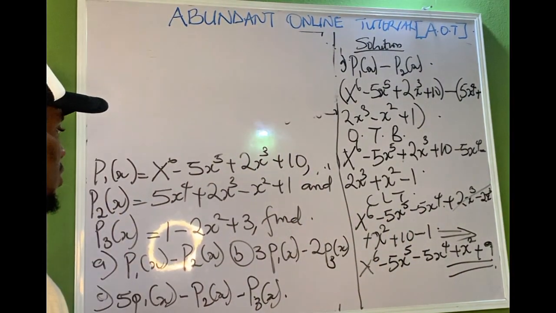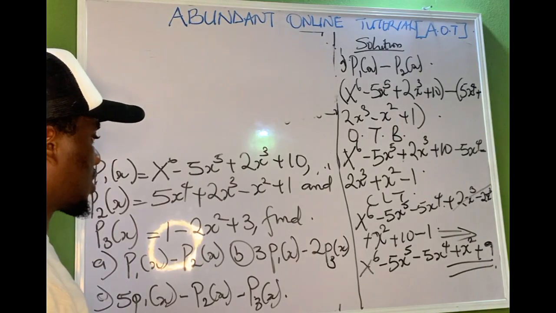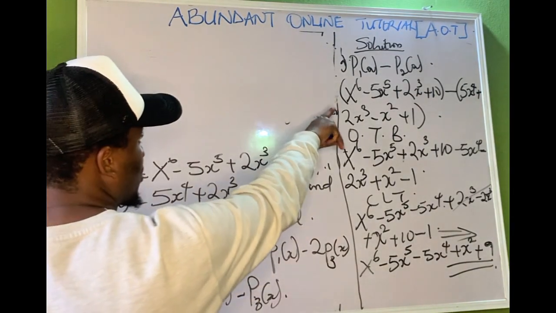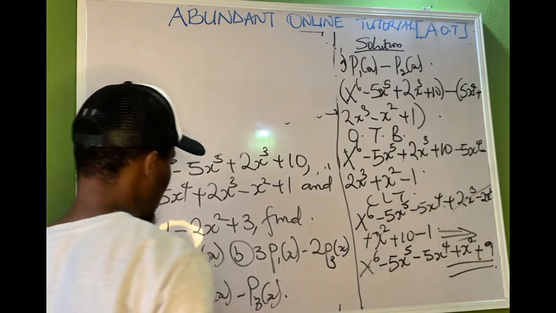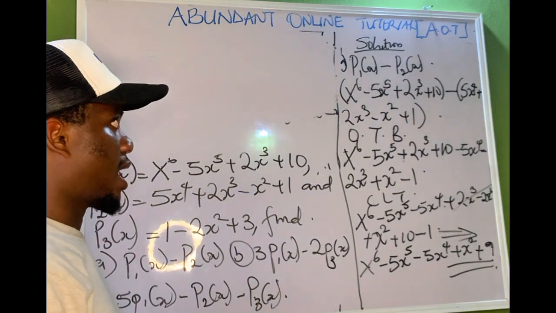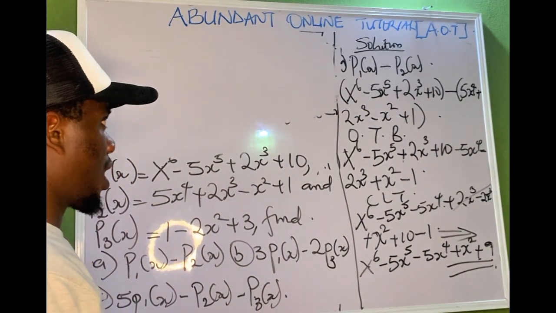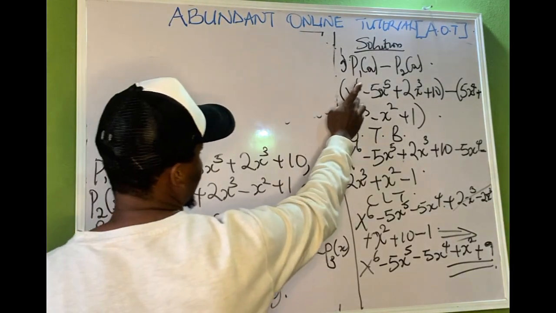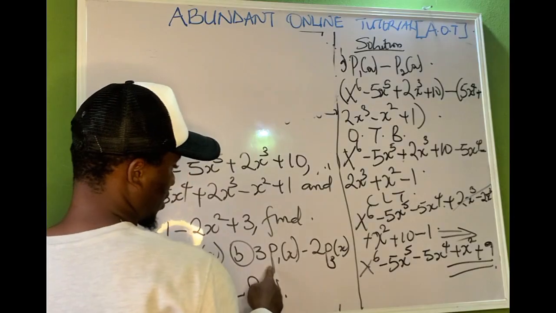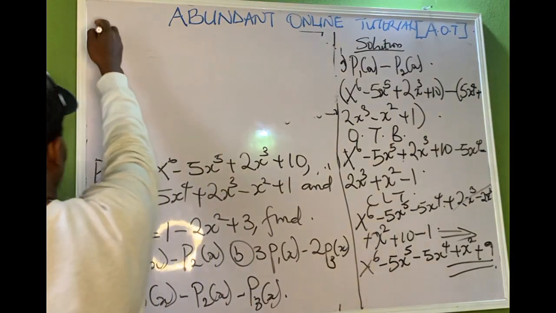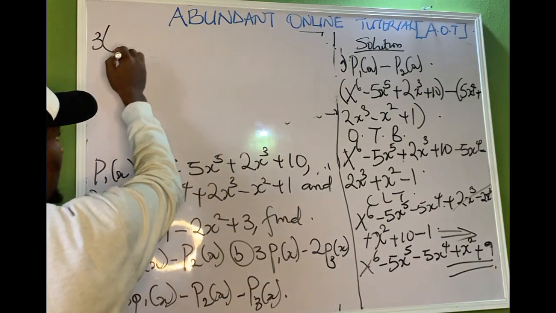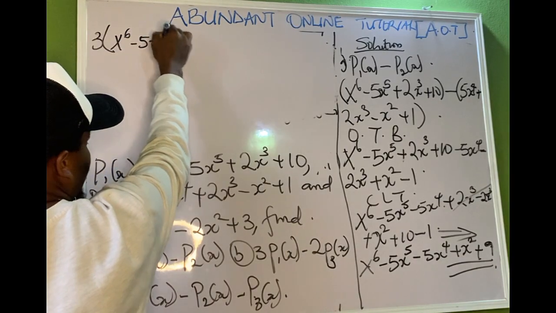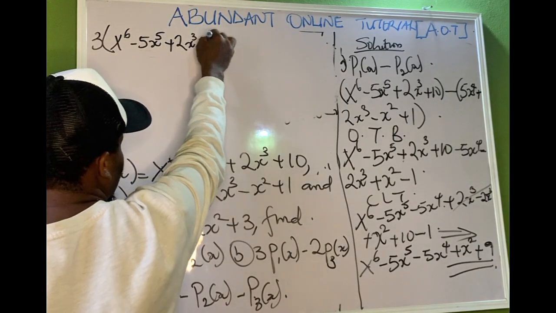The next one says 3p1 minus 2p3 of x. I already know my p1, so I don't want to rewrite that. I will just multiply through. So this is my p1 here: x^6 minus 5x^5 plus 2x cubed plus 10.